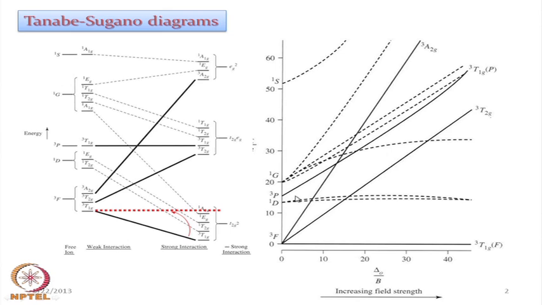So, apart from the three levels, one ground and two excited, we introduce the term which is not 3T2G but 3T1G, since it originates from the 3P level. This is another possible excited state where the transition can take place for a d2 electronic configuration.